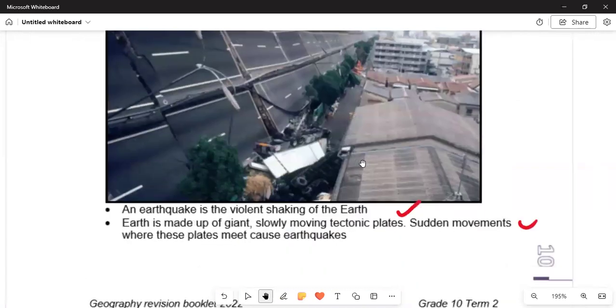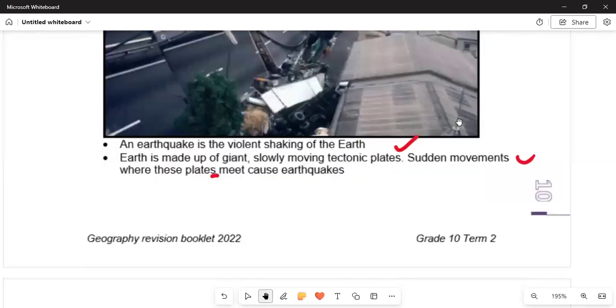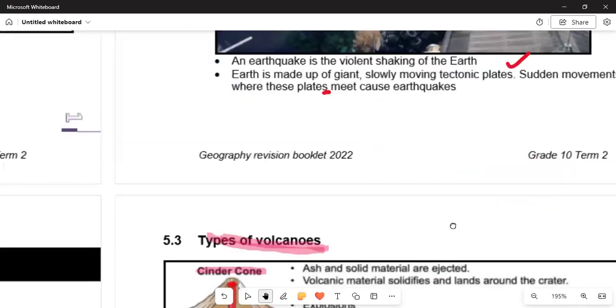An earthquake is a violent shaking made by giant, slowly moving tectonic plates suddenly moving where these plates meet. The cause is that when these plates meet, they collide and cause an earthquake and eruption. You need to understand that concept.